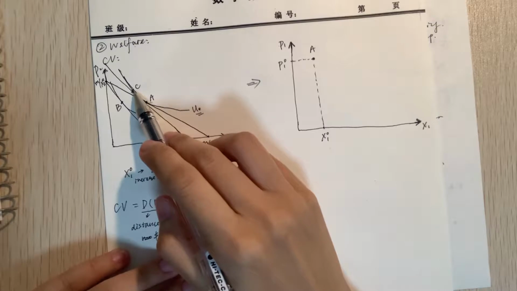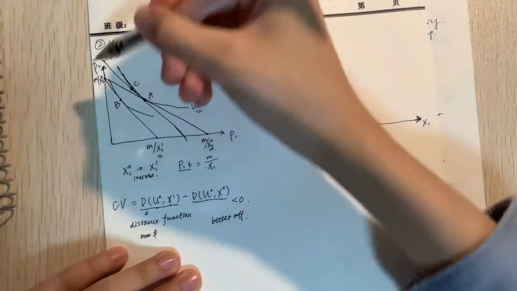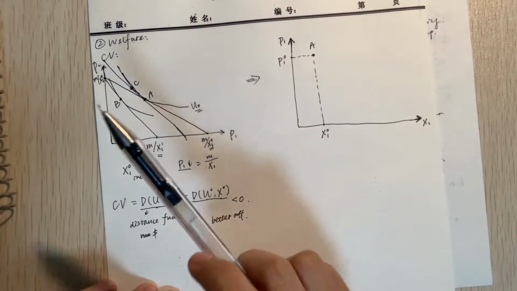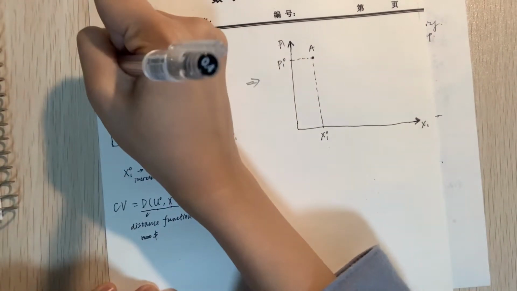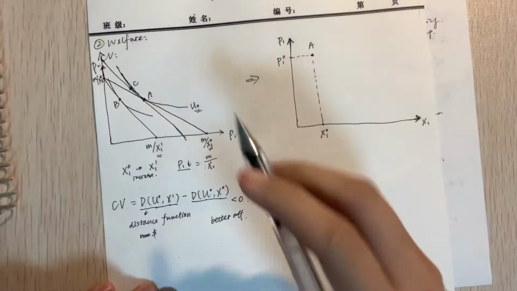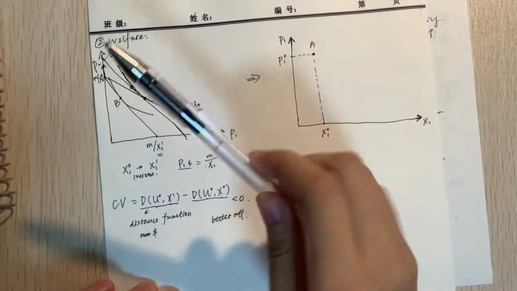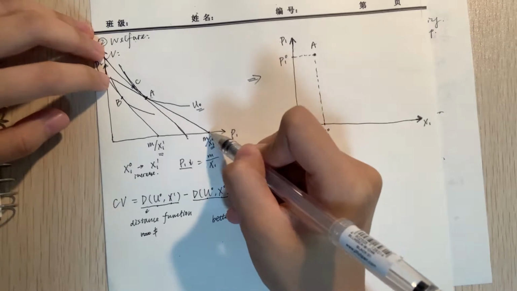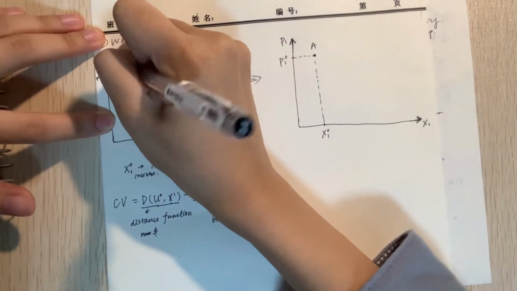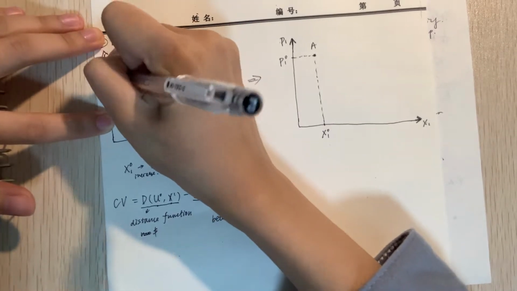After the shift, let me clarify a little bit more here. In this graph, graphically, where is CV? It's basically a shift from the original one, from here to here. So the change here is CV.